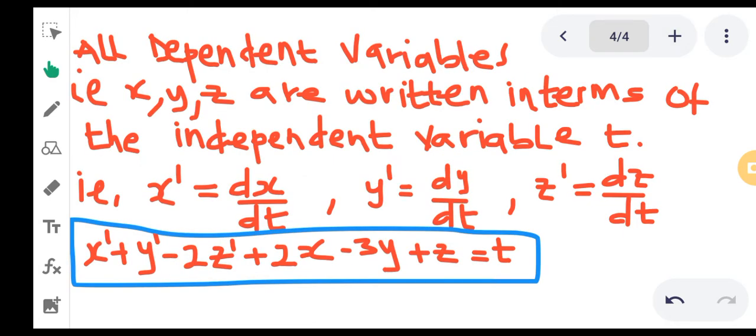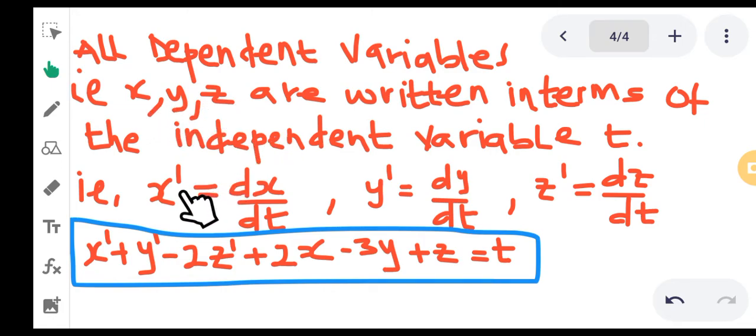I wrote this one for our understanding: the dependent variables, say x, y, z, are written in terms of the independent variable t. In systems of linear differential equations, that is what you should know. Anytime you have a dependent variable, say x, y, or z, they are all written in terms of t.